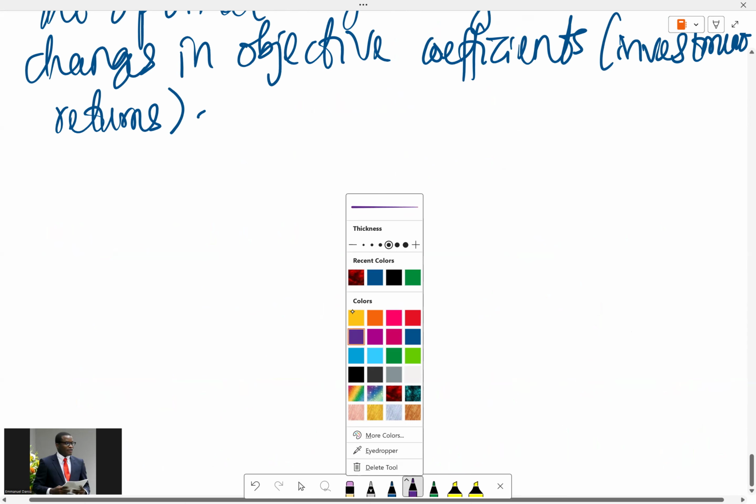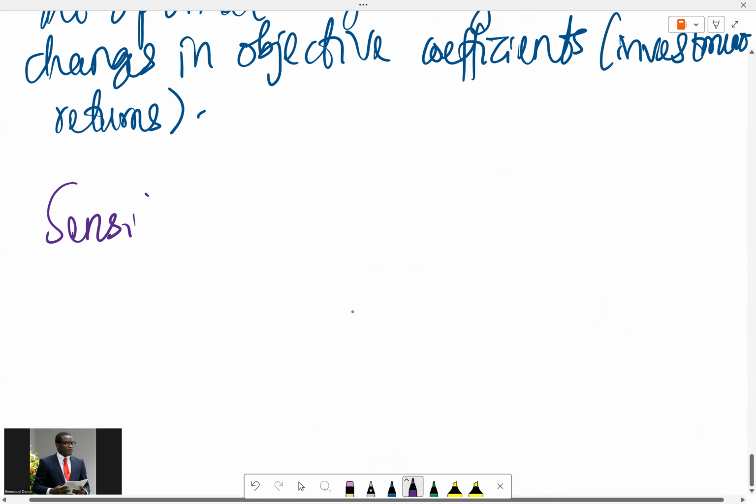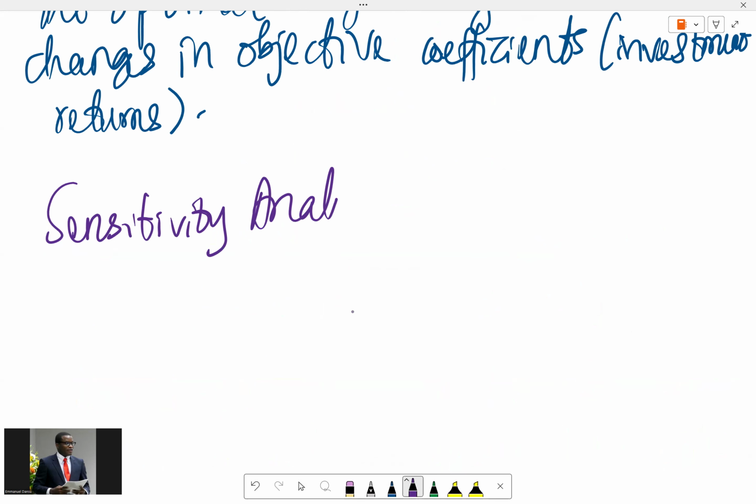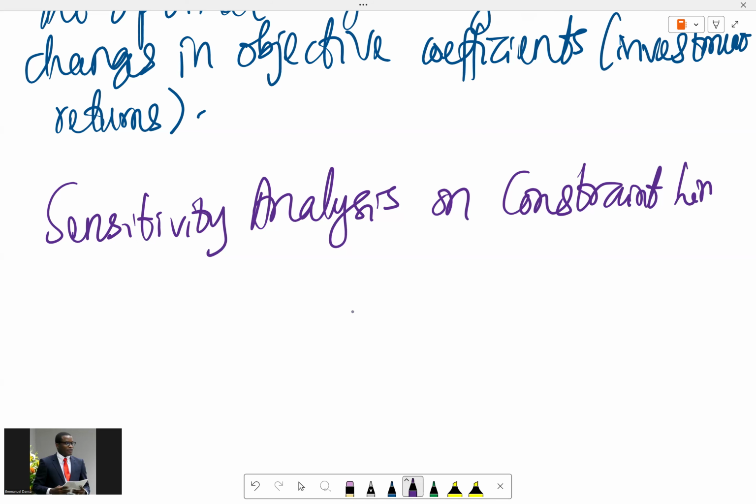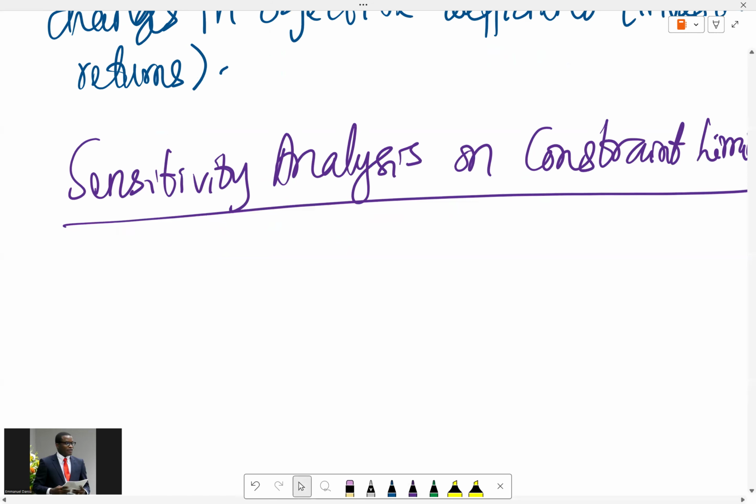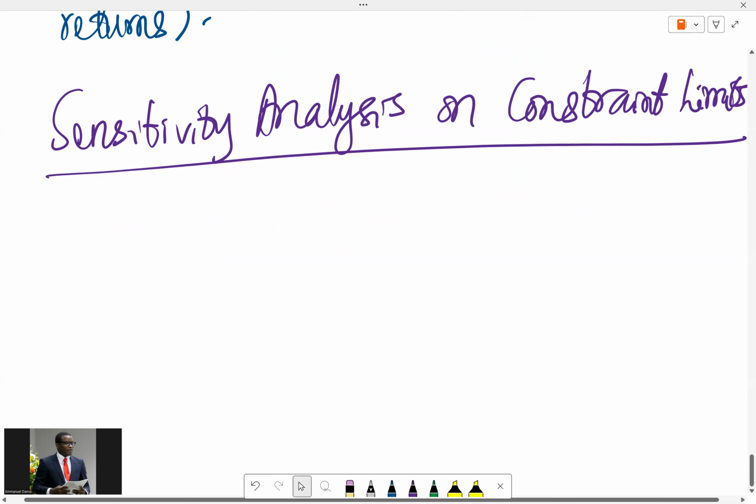So let's talk about sensitivity analysis on constraint limits. That's the right hand side stuff. Okay. Now, can we consider case one?